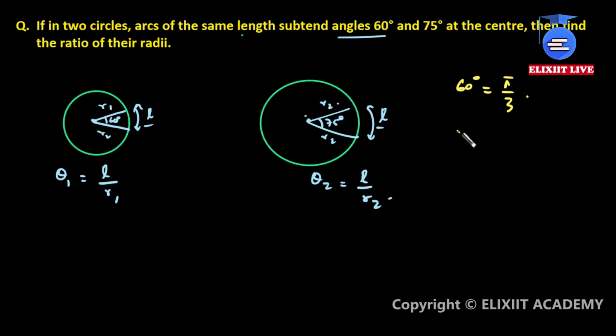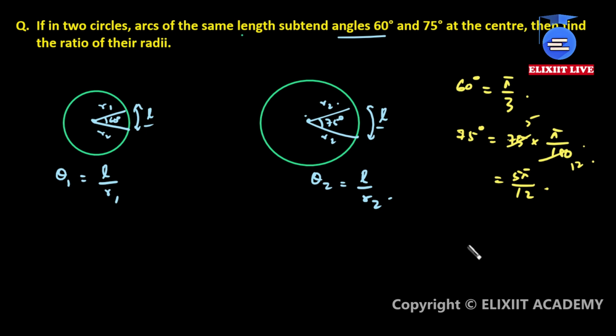And one more is 75 degrees. 75 degree means 75 times pi by 180. How much? 15 with 15, this will go 5, and this is 12. So 5 pi by 12. 60 degrees is pi by 3, 75 degrees is 5 pi by 12.